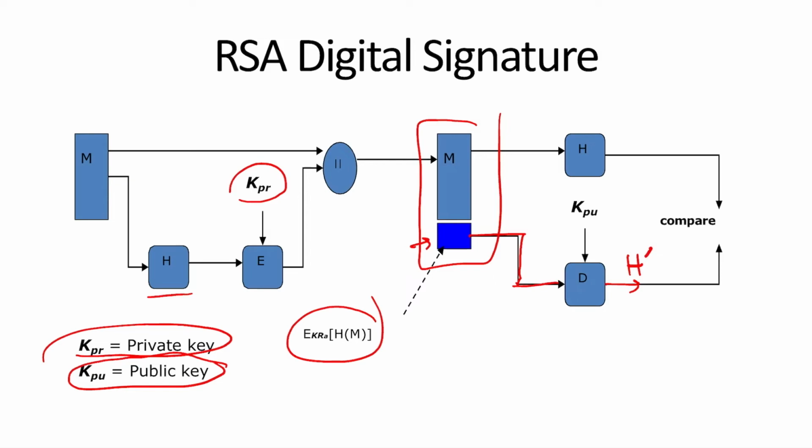The receiver then recalculates the hash value on the received message by passing it through the hash function, which was used by the sender. The receiver then compares the hash value that they have calculated with the one that they got from decryption. If the two values match, this means the signature is verified.